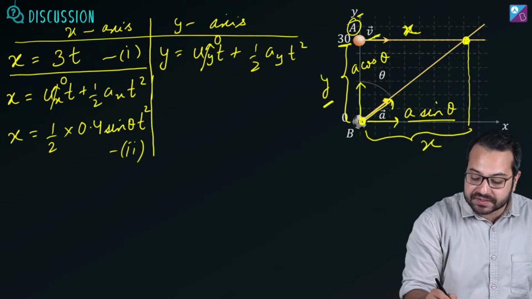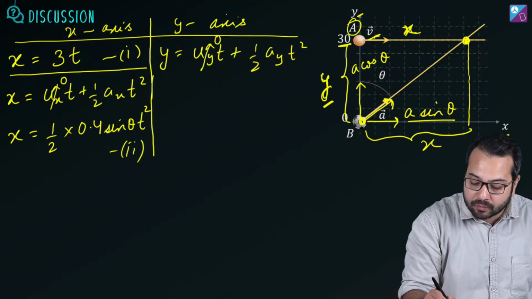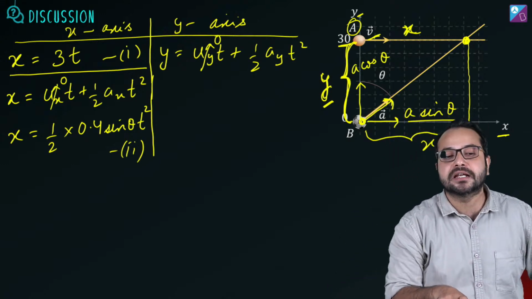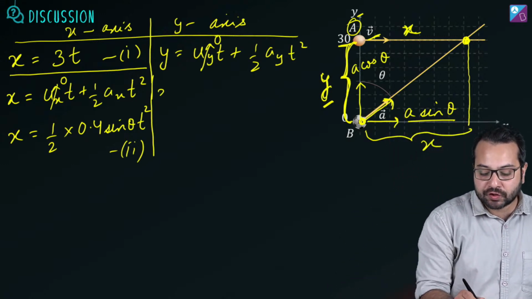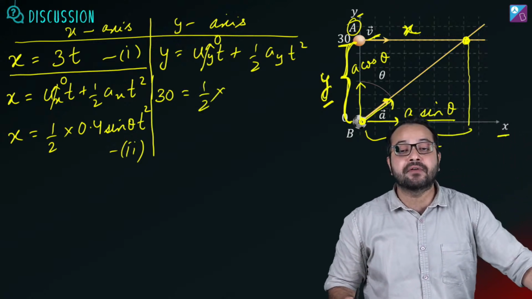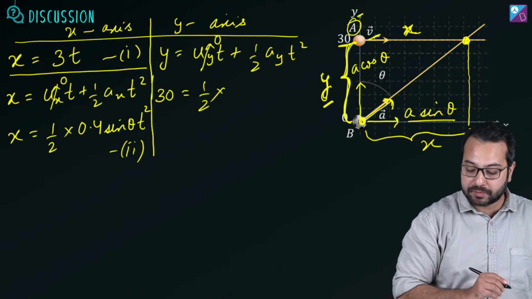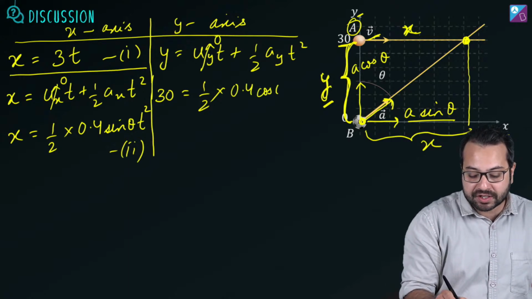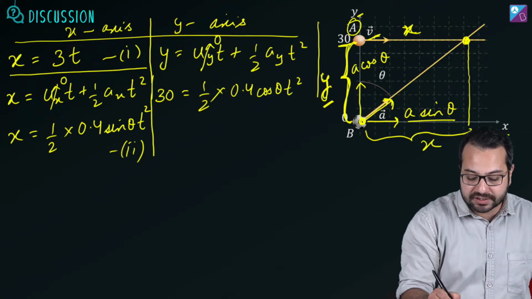What is y? What is the displacement along the y-axis? It is 30. Is that correct? Okay. So 30 is going to be equal to half, and what is ay? Ay is a cos theta. So this is going to be half into 0.4 cos theta multiplied by t square.